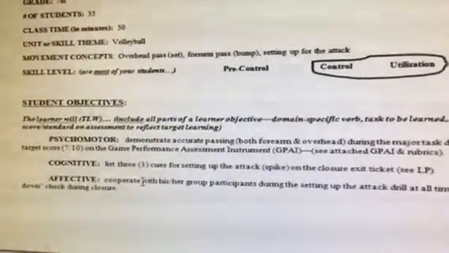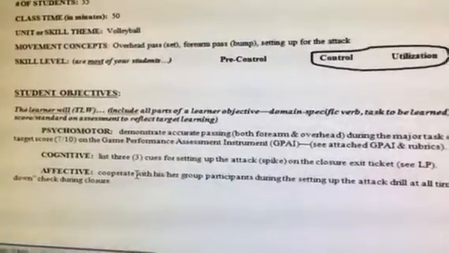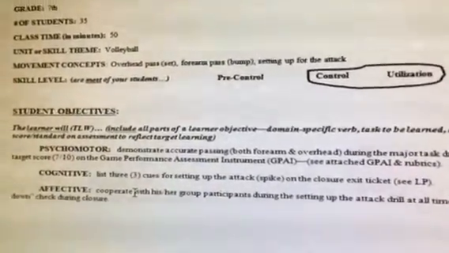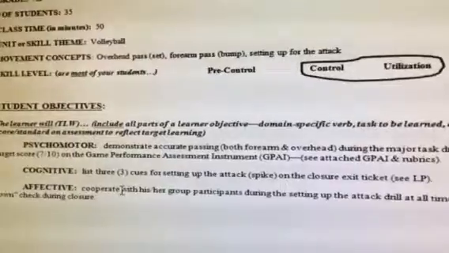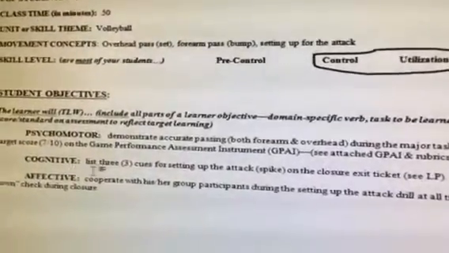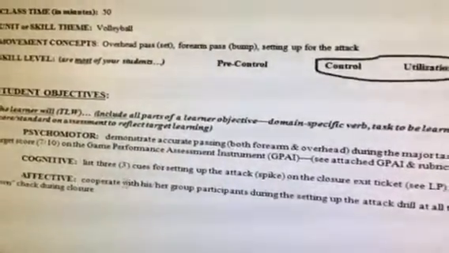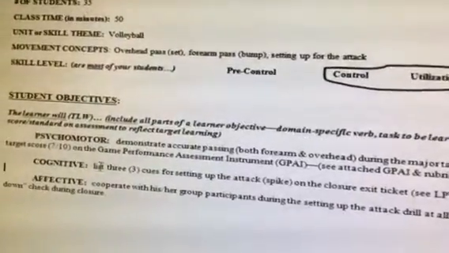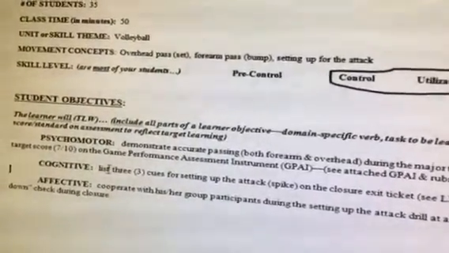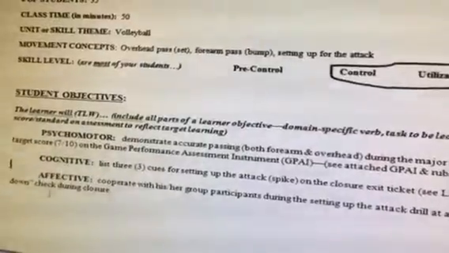But you want to include other cognitive action verbs like explain, understand, verbally explain, in written form explain. So you want to use the cognitive verb right here that indicates that's the cognitive domain.